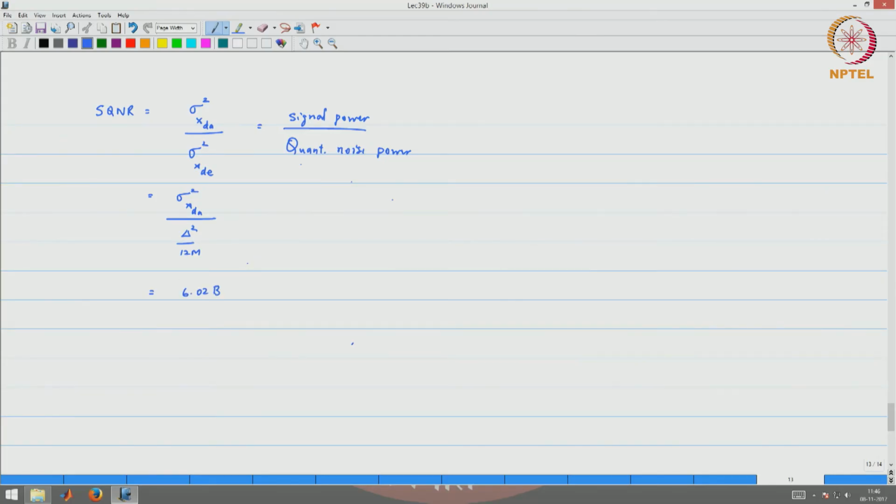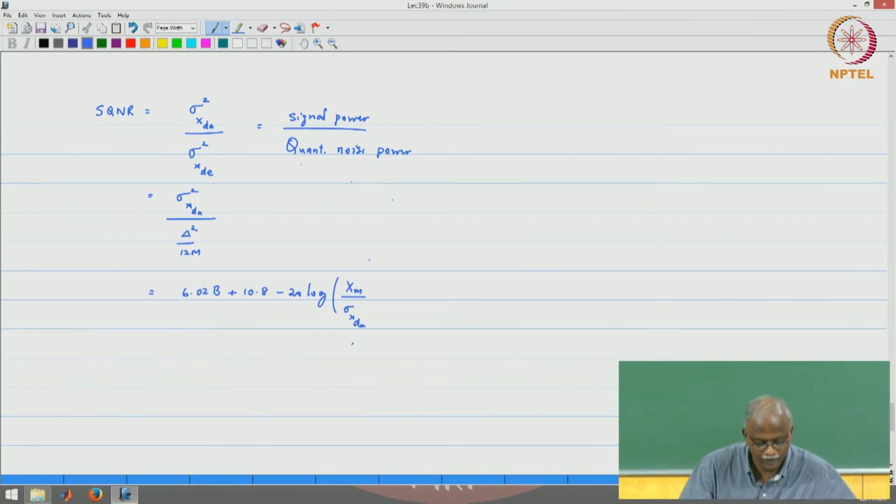B, the same one that we got, plus 10.8 minus 20 logarithm of x of m by sigma x dA, plus 10 log base 10 of m, not log base 2.